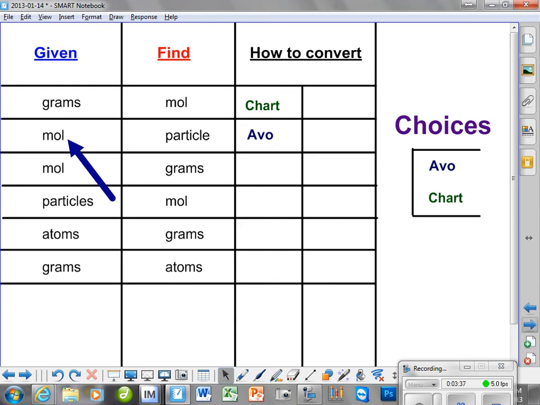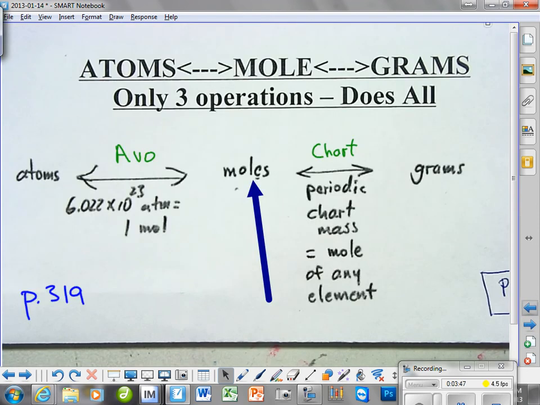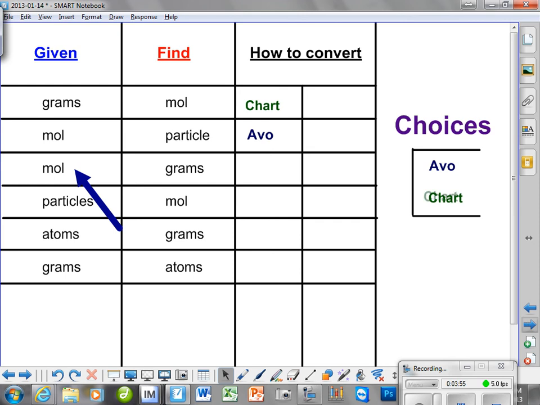And that will get us from moles to particles. Now, let's try moles to grams. Okay, let's look back here. Whoops, went the wrong way. Okay, moles to grams. Here's moles, here's grams. Very simple, isn't it? We just see that that's the chart. And so the chart is what goes here.